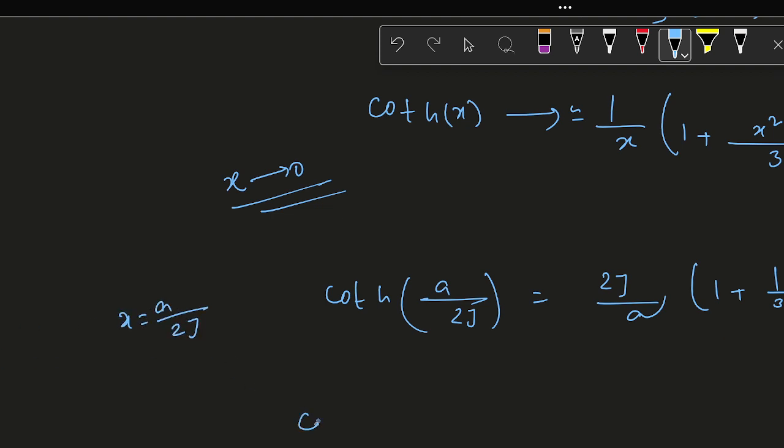Also in the magnetization expression you have another term, coth of (2j plus 1) by 2j into a, and that is written as 2j by (2j plus 1) into 1 by a, times 1 plus a squared by 3 times ((2j plus 1) by 2j) whole squared, replacing x by (2j plus 1) by 2j into a.